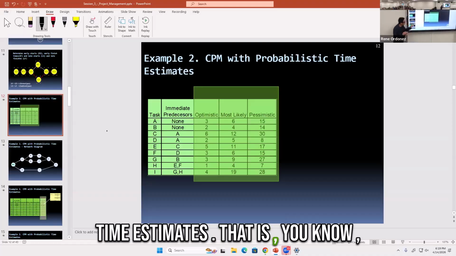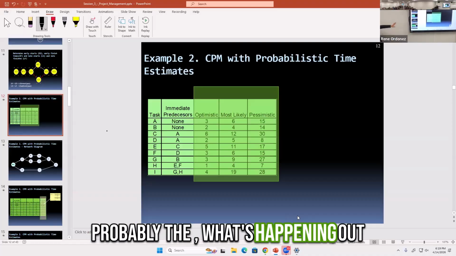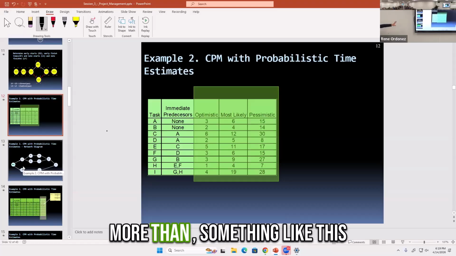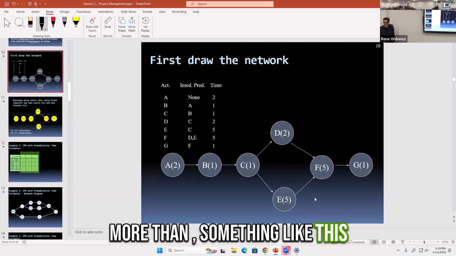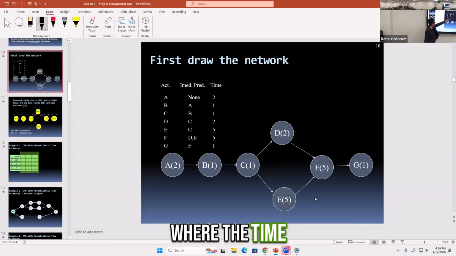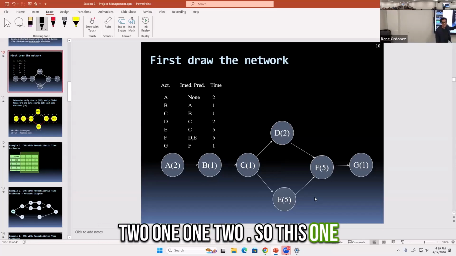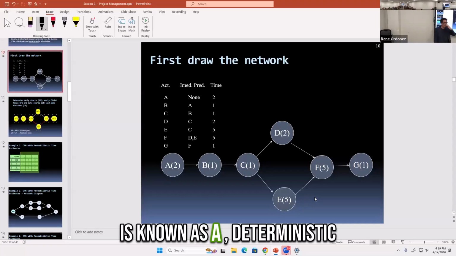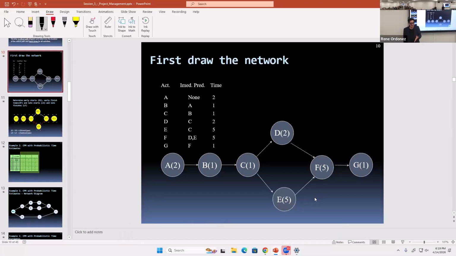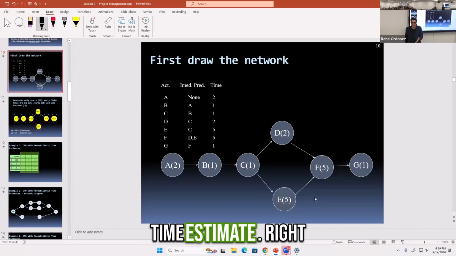That is probably what's happening out there more than something like this, where the time is given exactly as 2, 1, 1, 2. This one is known as a deterministic time estimate.